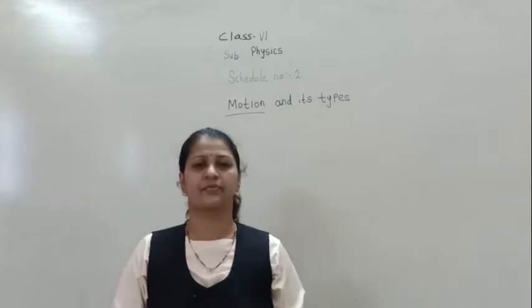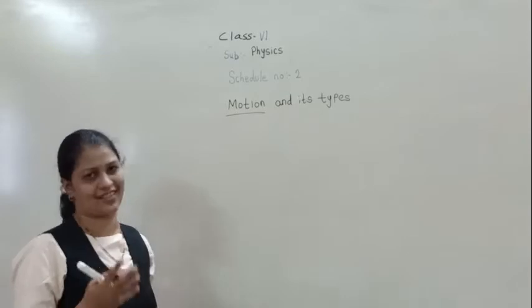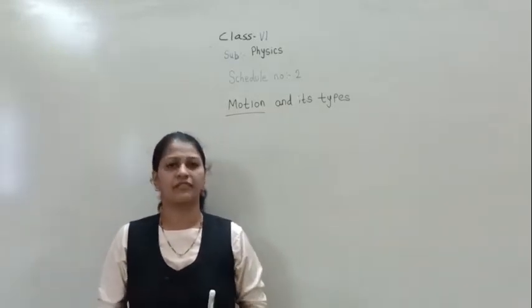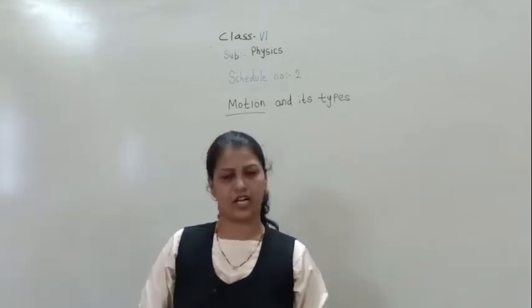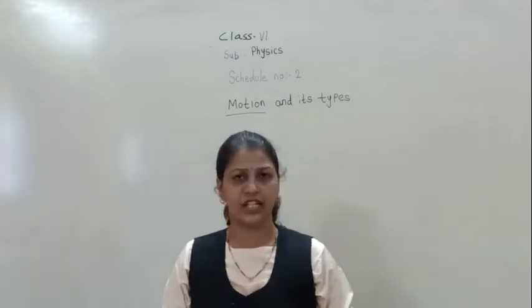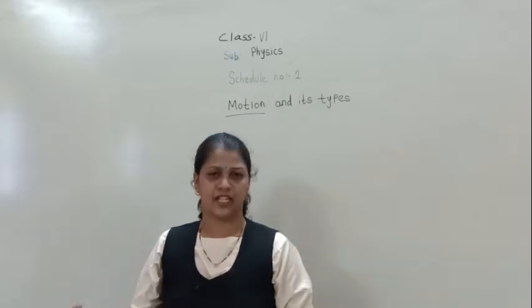Are you getting this? Then one more concept is rest. What is meant by a stationary object? The object will remain at rest with respect to the other object. Now what is that other object? The stationary object.